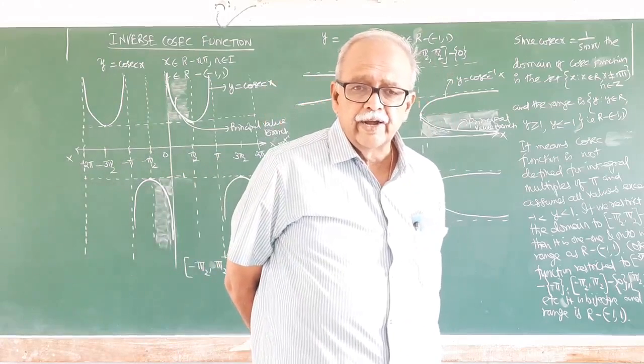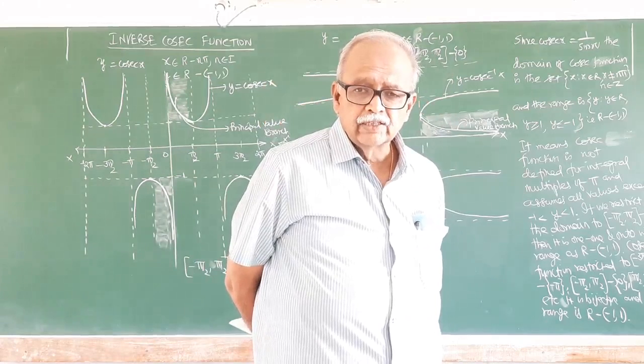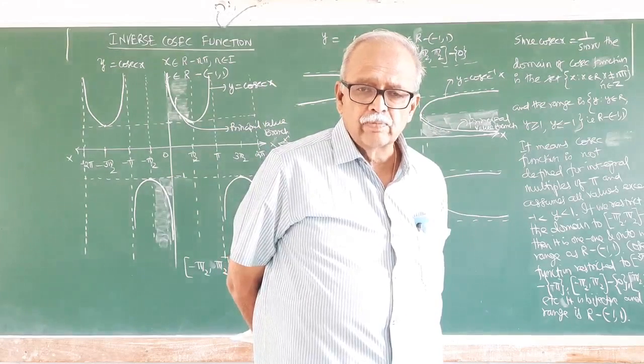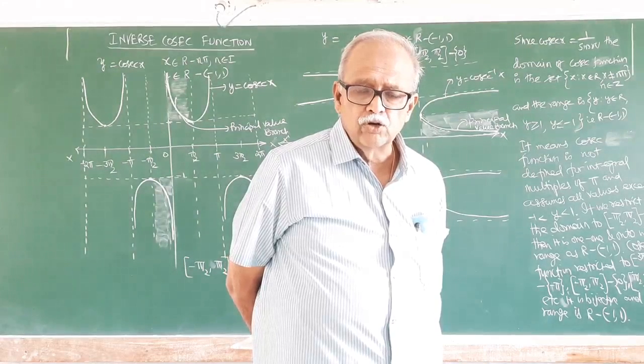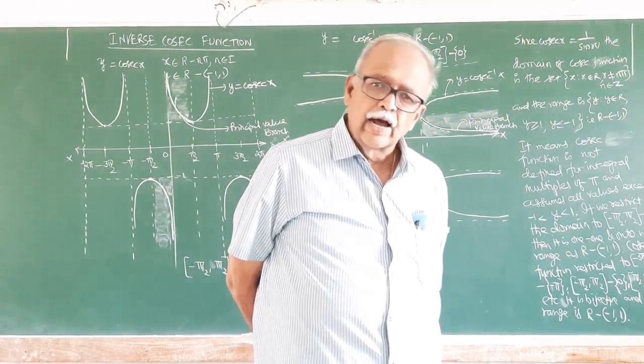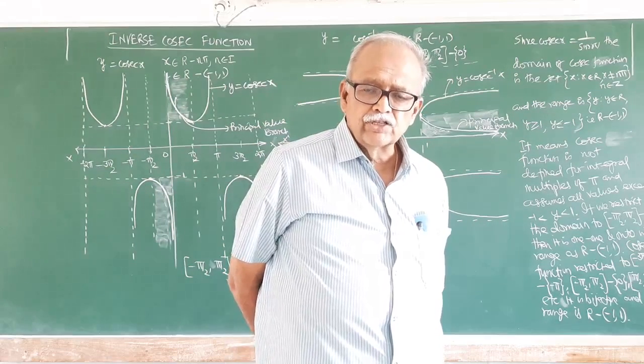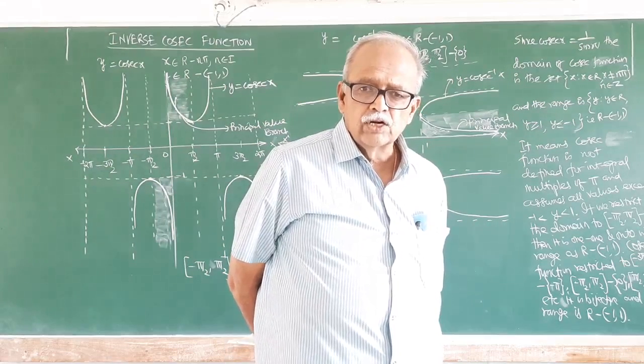So we have defined cosecant function as one-to-one function in the interval [minus pi by 2, pi by 2] minus {0}. In other intervals also cosecant x behaves as a one-to-one onto function.